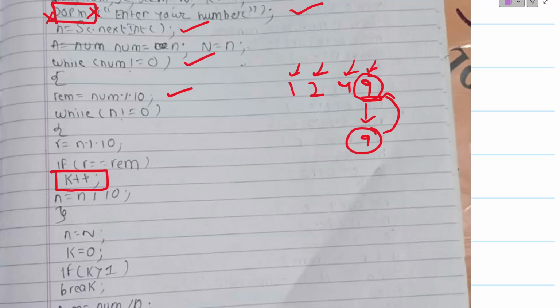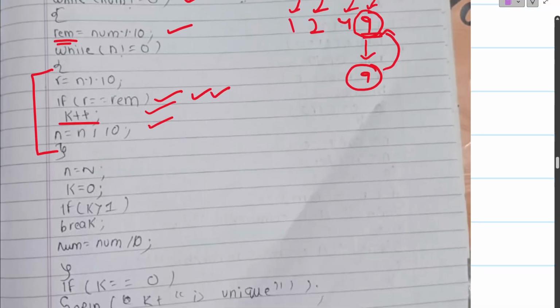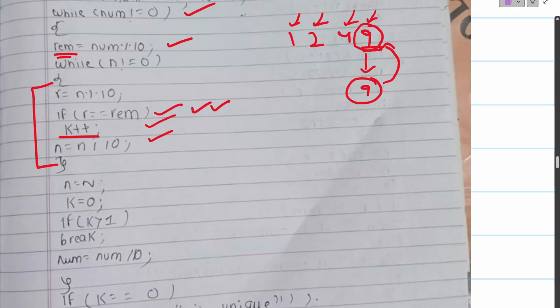As soon as one digit is extracted as rem, the student checks whether it is present in all other places of the number or not. If it is found to be present anywhere, then k plus plus. As soon as this loop is completed, what is stored in n?